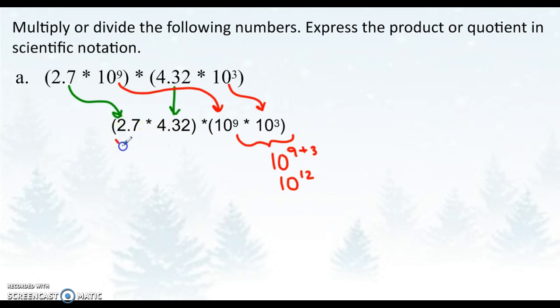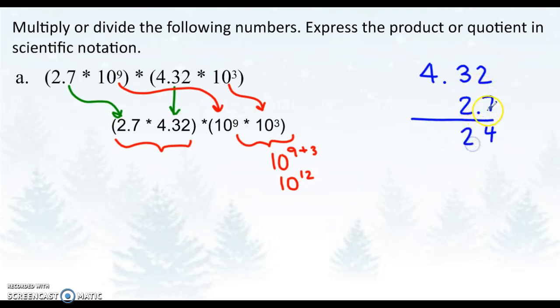And we have to multiply these numbers. Hey, we talked about that on the block day. Largest digit on top, next digit, and we're going to multiply. Leave that placeholder. 2 times 2, double 2 is 4, double 3 is 6, and double 4 is 8.